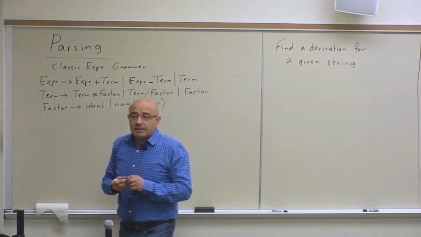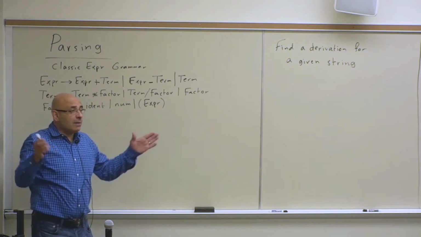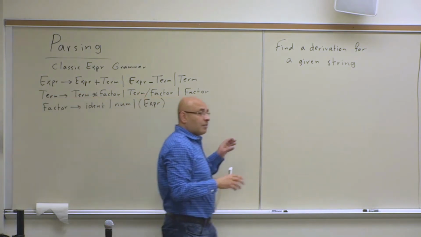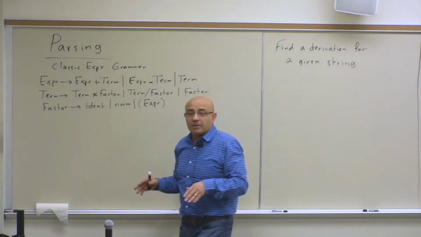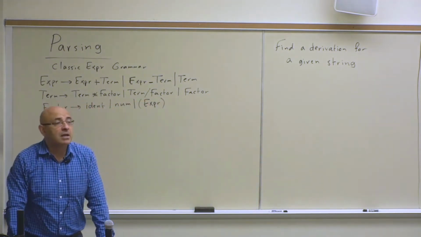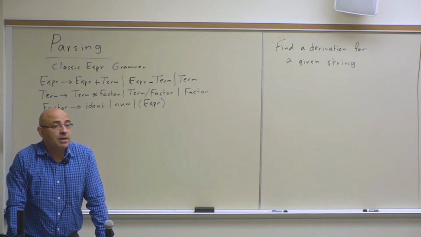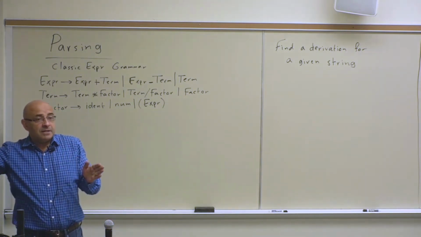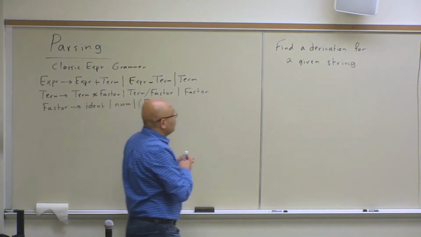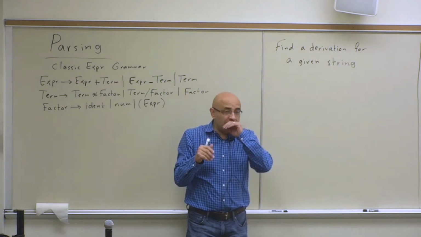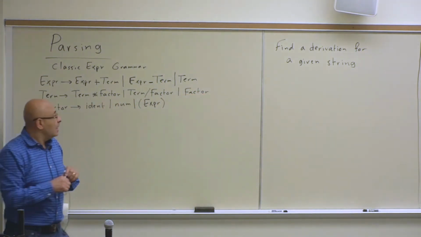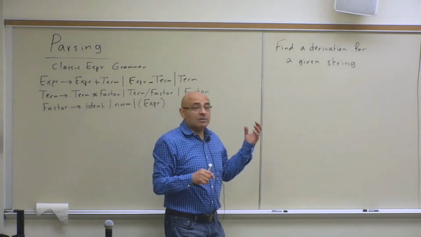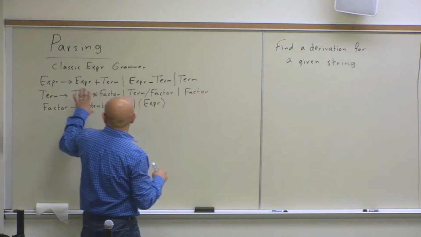From the parsing point of view, we look at your program as a string, no matter how long, no matter how many lines of code there are. It's just a string of symbols, and we are trying to check if this string of symbols belongs to the language that is defined by a certain grammar.